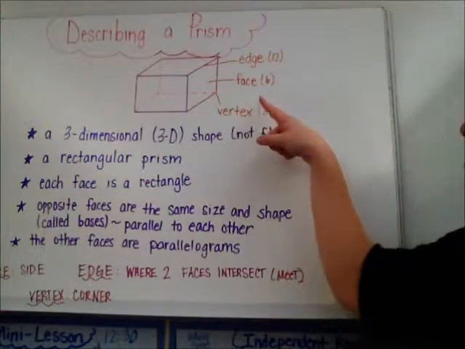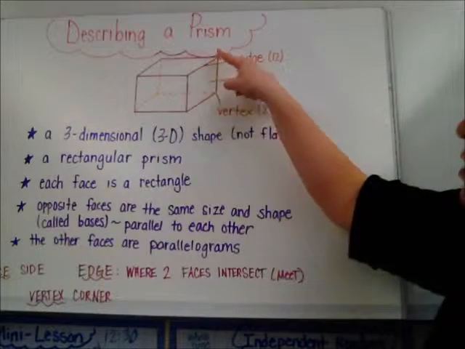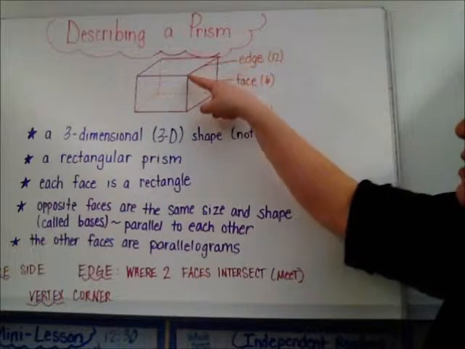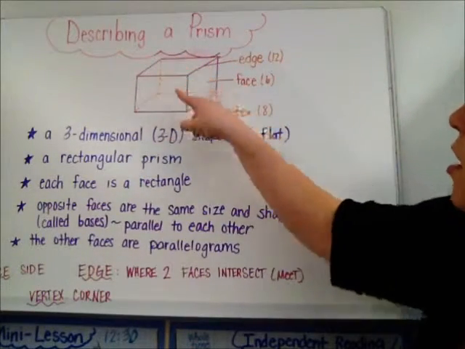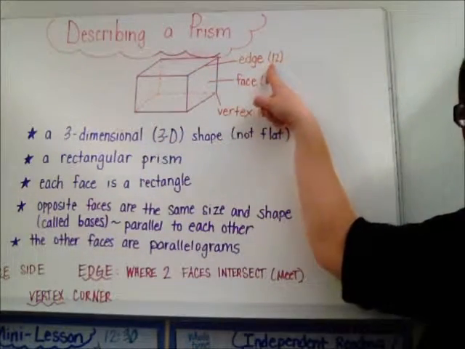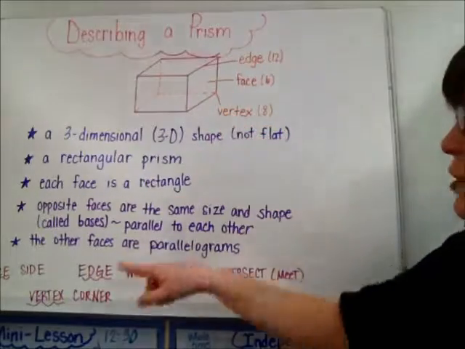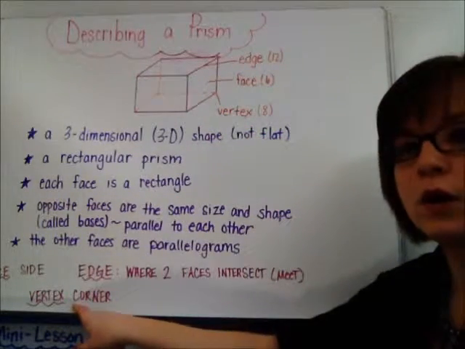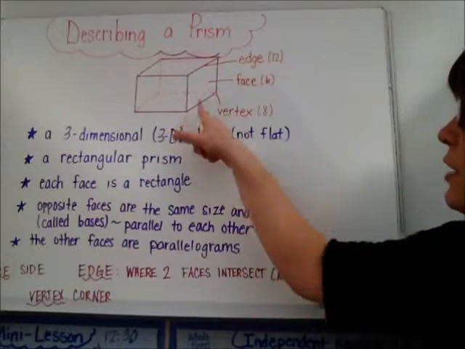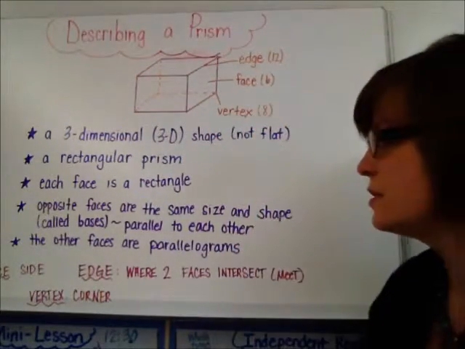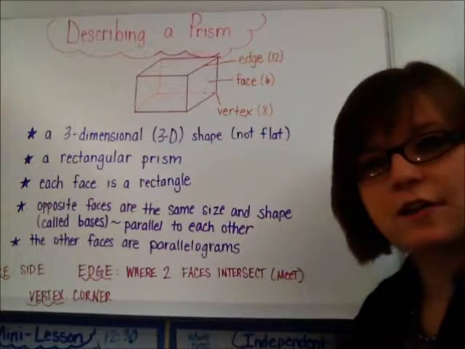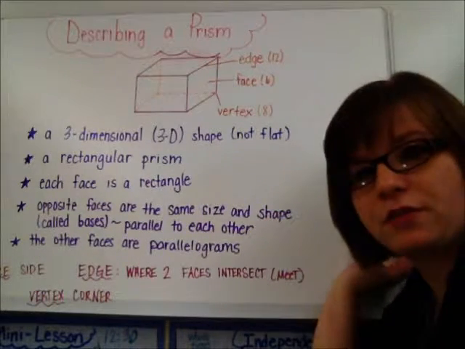The edges are where the faces meet. So any of these lines here going around are all the edges, and there are 12 of those in this prism. And the vertex is the corner. So here, here, here, here, here, all over. There are 8 of those. So make sure you have those definitions written down in the vocabulary section of your note catcher.